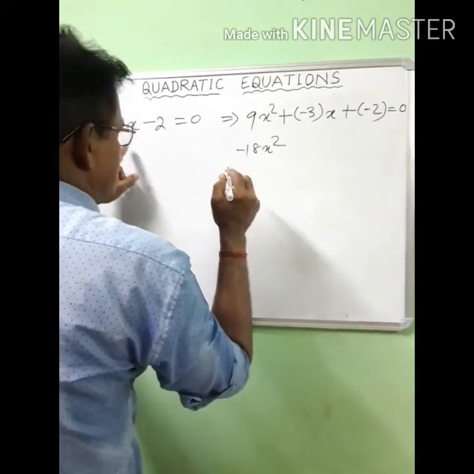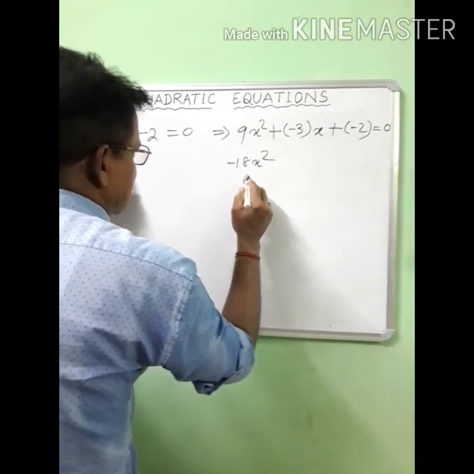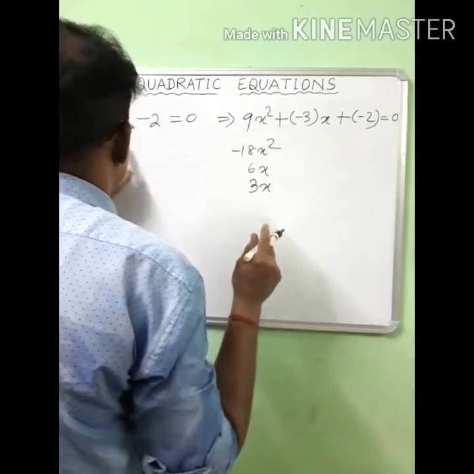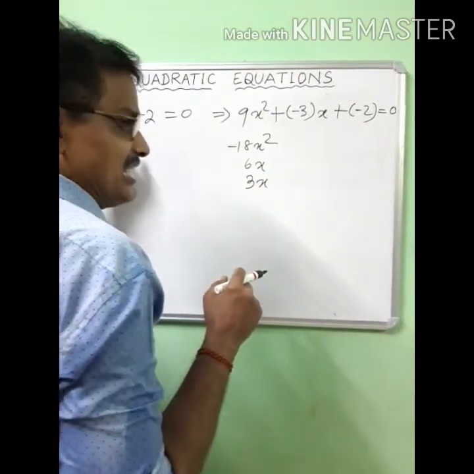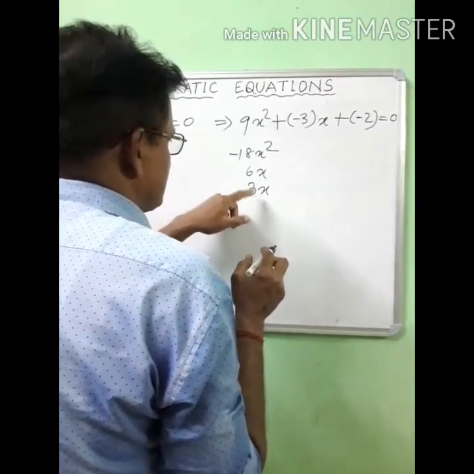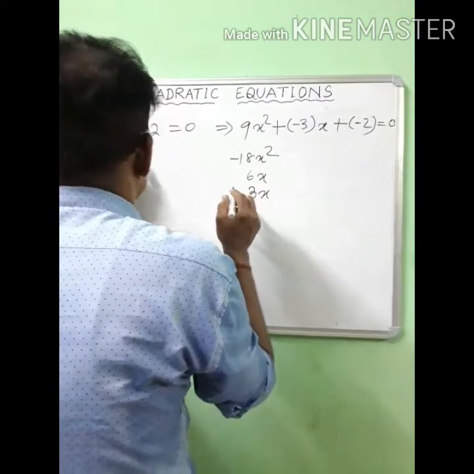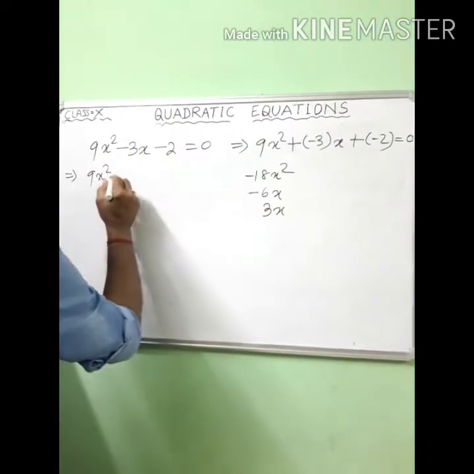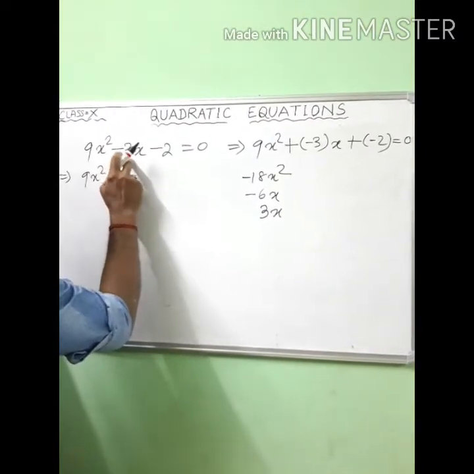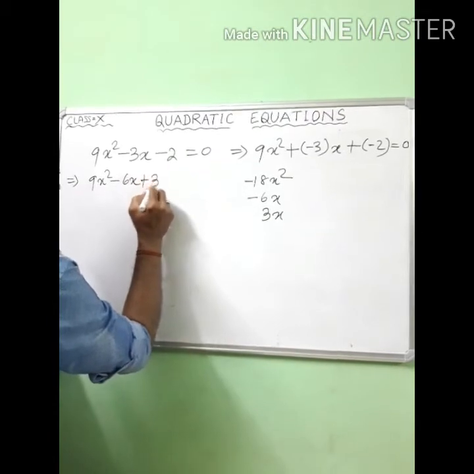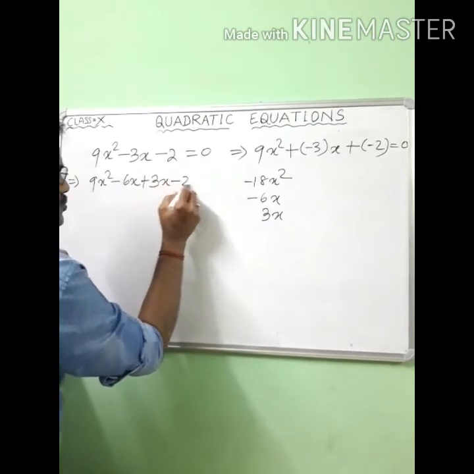So that is 6x and 3x. 6 into 3 is 18x square, that means minus 3x, so minus 6x plus 3x. Let us split the middle term. So 9x square minus 6x plus 3x minus 2 is equal to 0.